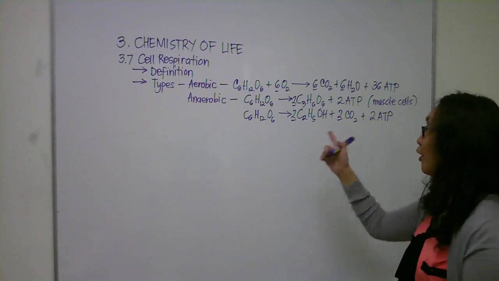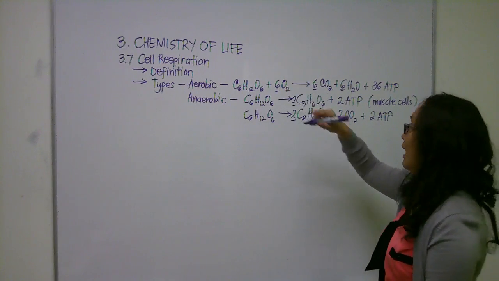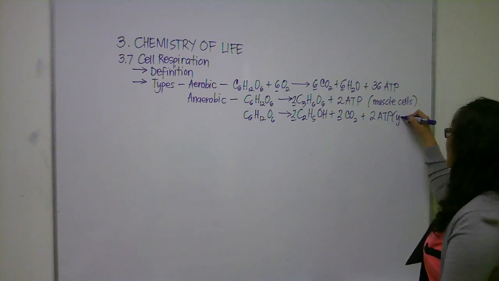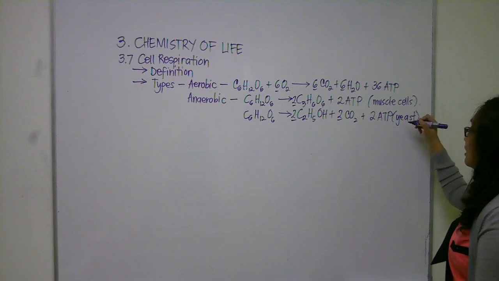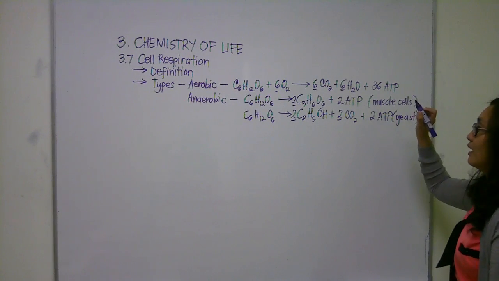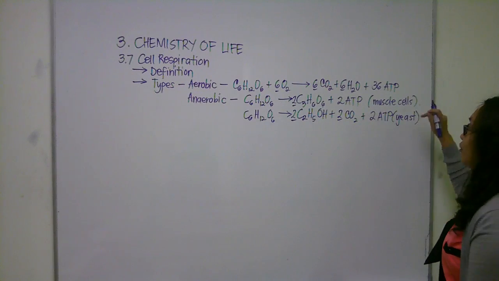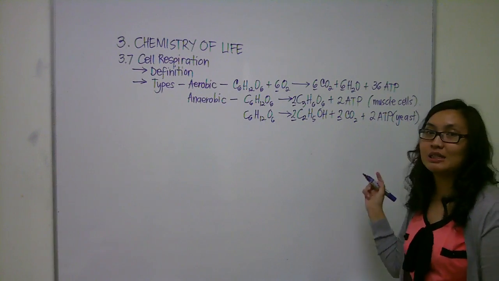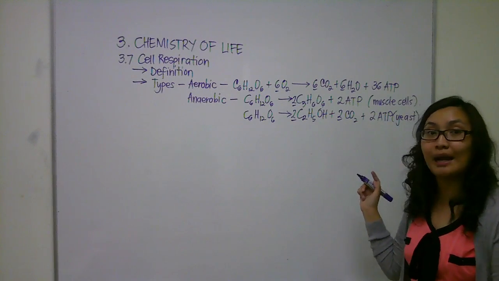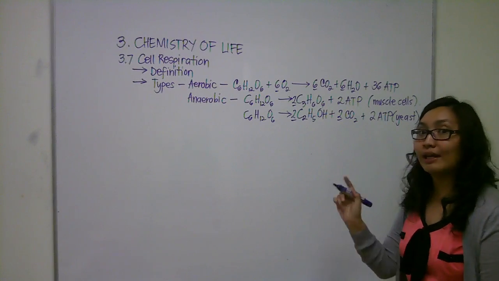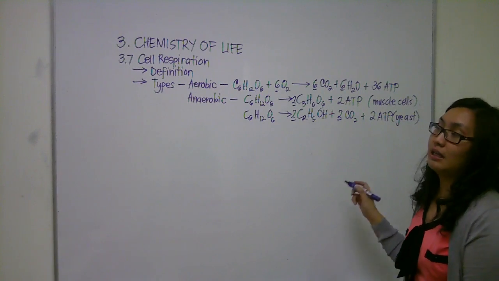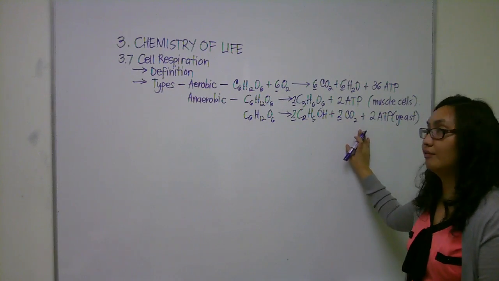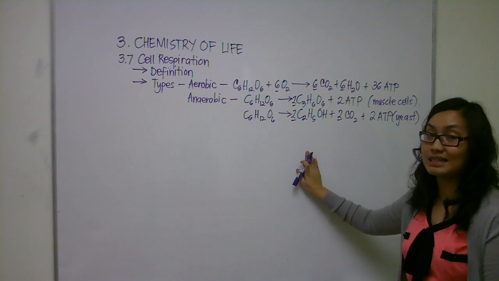So we can point out that in anaerobic respiration the number of ATP molecules in both muscle cells and yeast cells are the same, because the anaerobic respiration occurring in both cells is the same. They both undergo glycolysis only. That's why their product of ATP molecules is the same.